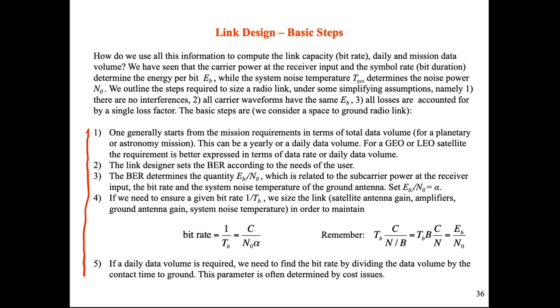The system designer, however, has to look mostly at what the onboard telecom system has to provide, has to be designed in order to allow the given data volume, the given data rate, according to the mission requirements.